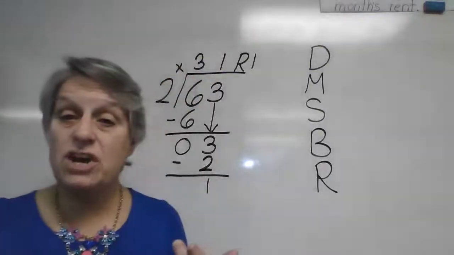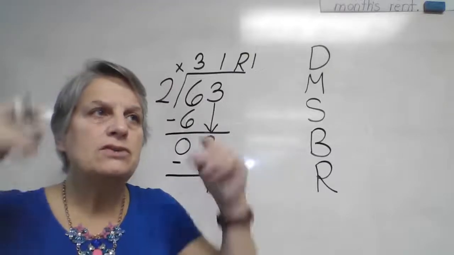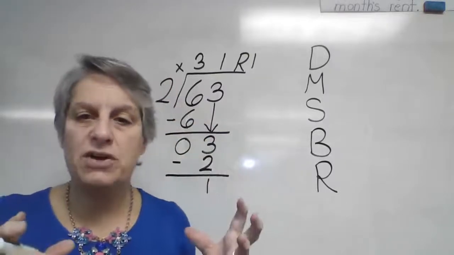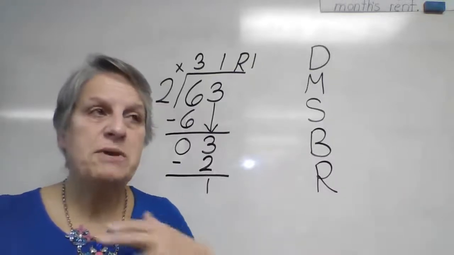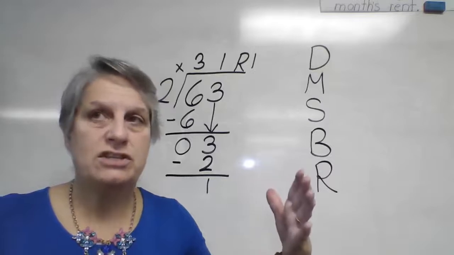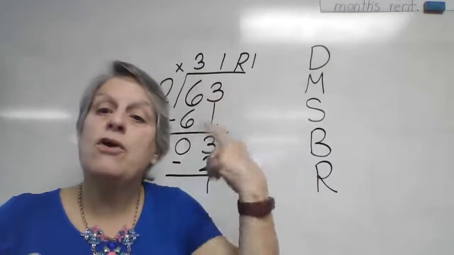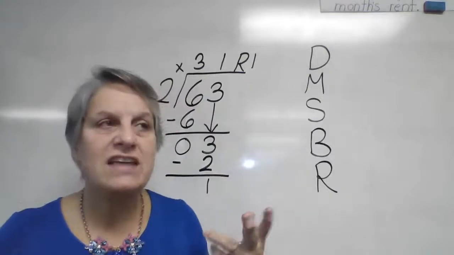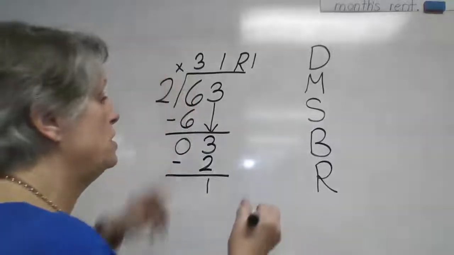The way that we teach our students to write these, because this helps them to formulate the entire problem in their head, and it will help them as they move on through, especially through classical education. It will help them because we work with fractions quite a bit. So this helps them as they are already starting to formulate fractions, and they can see how fractions are formed. So what we do is we rewrite this.